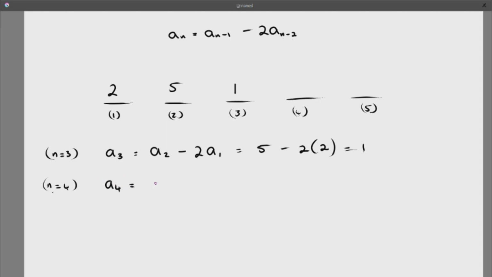And the formula tells me it's the 1 before that minus 2 times the 1 before that. So it'll be a 1 minus 2 times 5 to get 1 minus 10 is negative 9. Oops, that does not look like a 9. Negative 9.